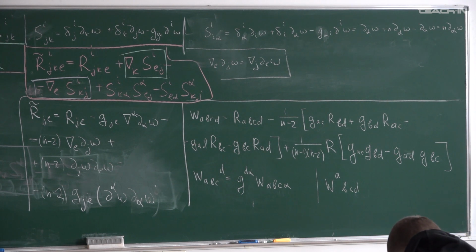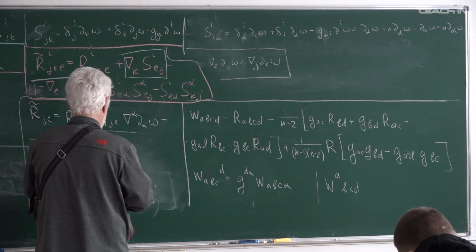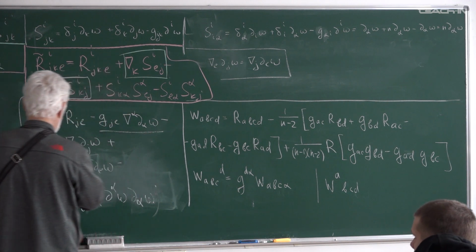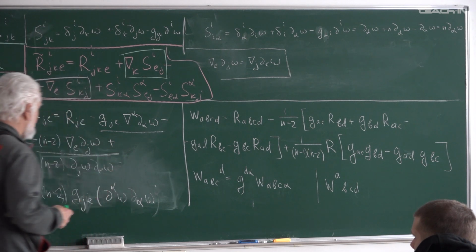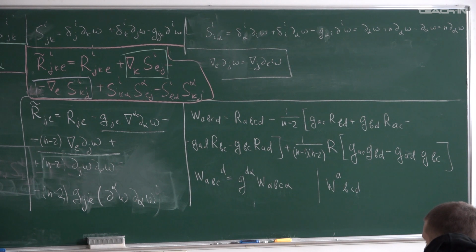Okay, so we obtained these two terms. Now, what do we have to do? We expanded this and obtained these quadratic derivatives, because we have two types here: second order derivatives and first order derivatives.